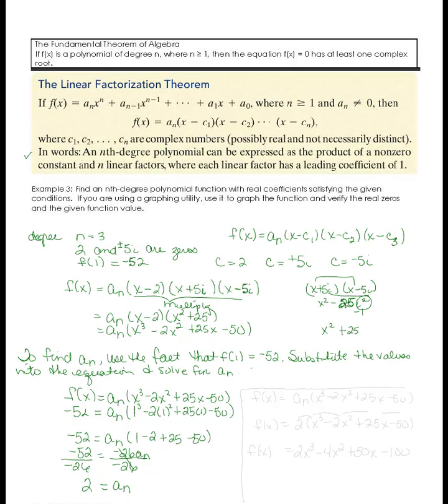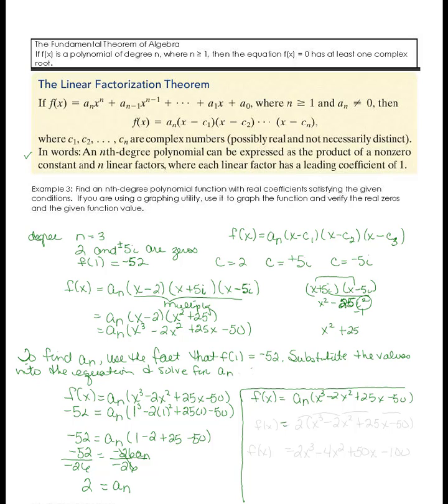To finish and write our final equation, we go back to f of x is equal to a sub n times x cubed minus 2x squared plus 25x minus 50.